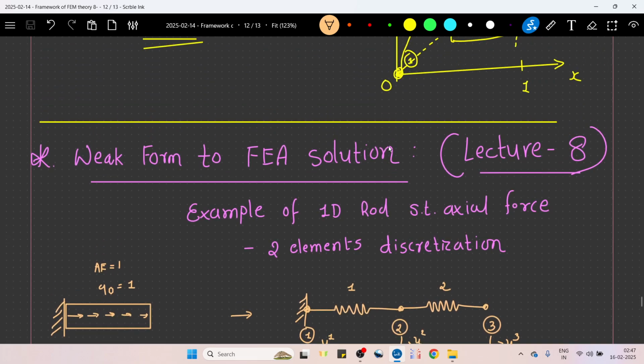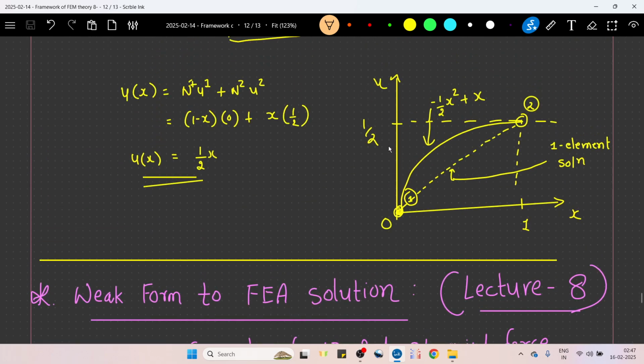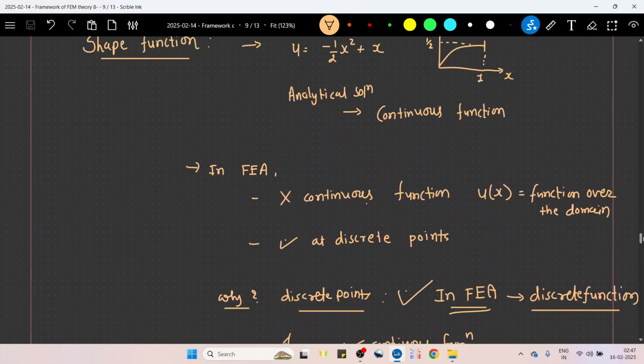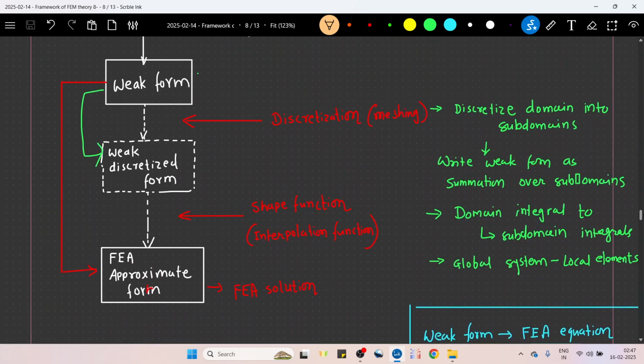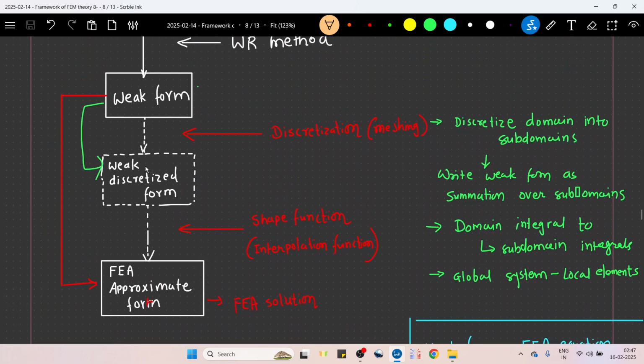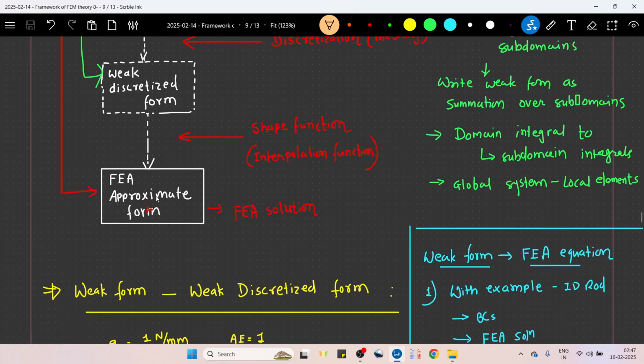In last video number 7, we tried to understand the weak form to FEA solution workflow with an example of one element discretization.